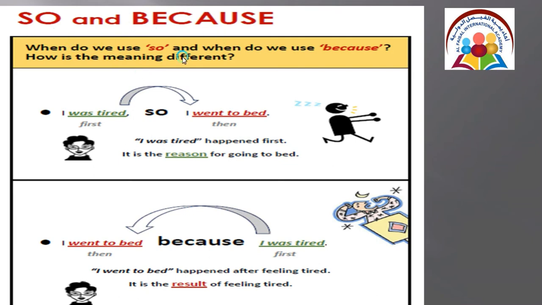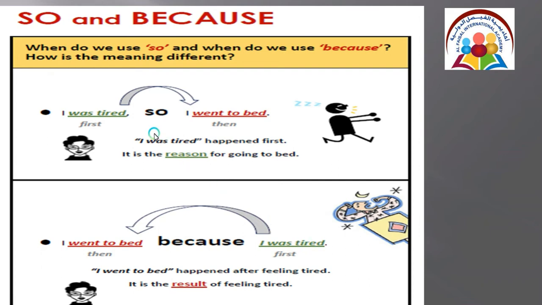So that and because. When do we use so that and when do we use because? How is the meaning different? We have here the sentence, I was tired, so I went to bed. So why did I go to bed? Because I was tired. So I went to bed because I was tired.